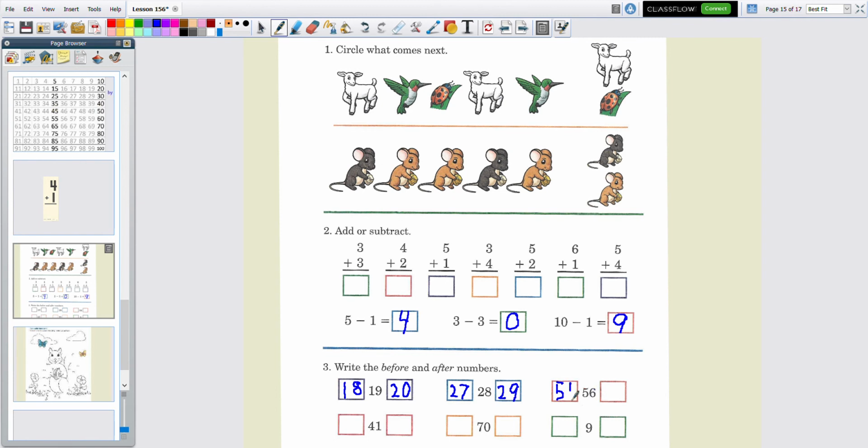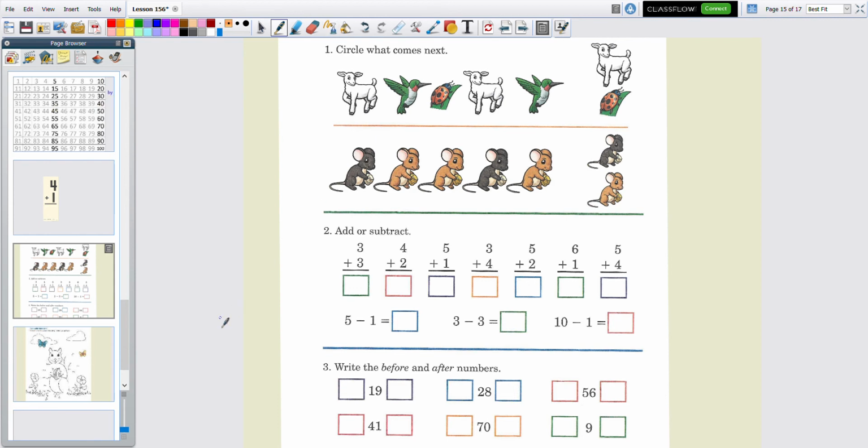Did you say 5? I hope. So 55, 56. This is going to be in the 50 family also. So here we go. 55, 56, 57. Okay. I think you can do the rest of this side by yourself. I think you're getting it pretty good.